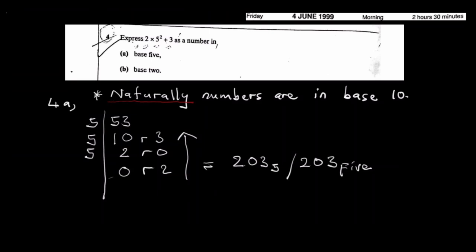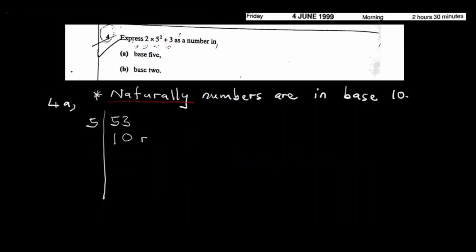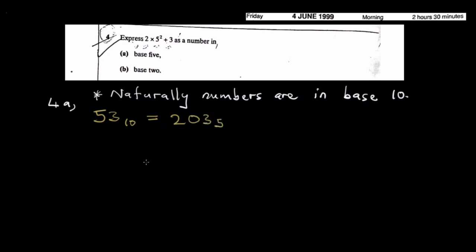To sum this up, let me write it as a statement: 53 base 10 is the same as 203 base 5.